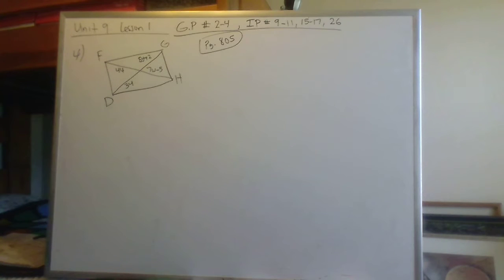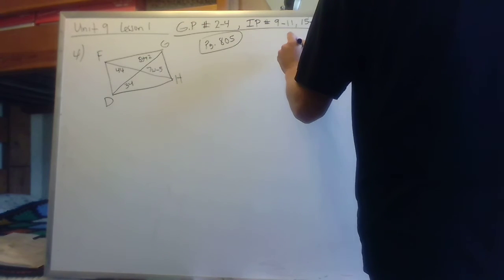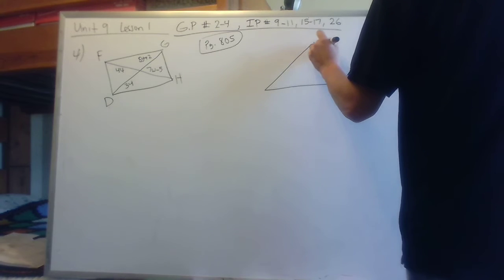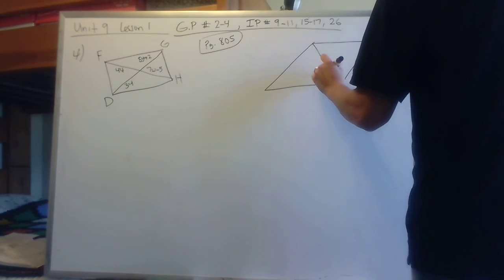I'm just looking at our textbook right now. Even though the first example problem in the textbook goes over diagonal lengths, it doesn't actually show you this theorem on page 805. It shows you one that's slightly different. But I'm just going to show you.